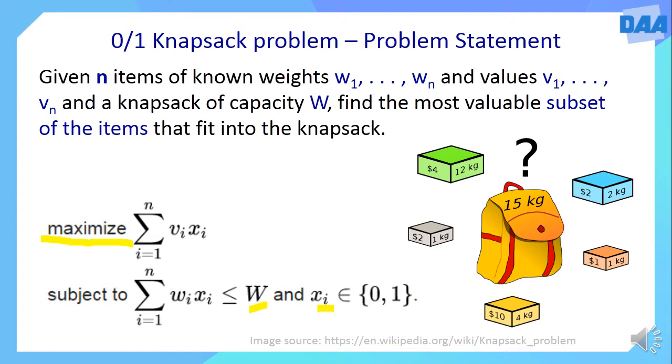So we are supposed to find, for all the items, the value of Xi. If the value of Xi is equal to 1, it is included in the subset, and if Xi is equal to 0, it is excluded from the subset of the solution.